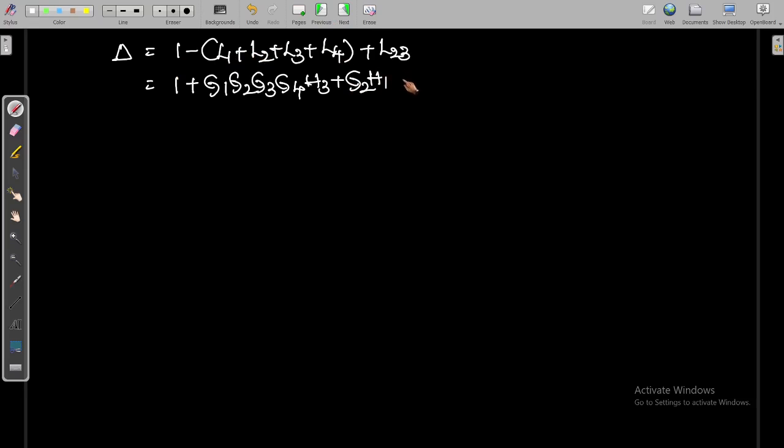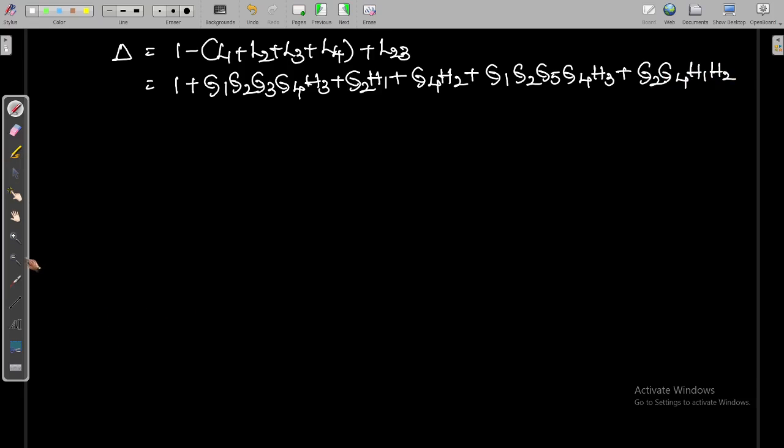Next L3 also gets a positive sign, that is G4 into H2. Finally L4 is positive only, G1, G2, G5, G4 into H3. These are the total individual loops. Next you have one non-touching loop, that is L23, that is G2, G4, H1, H2. So this is the total delta value.